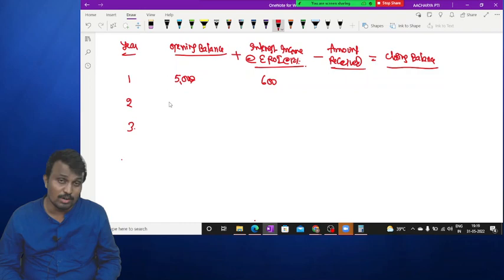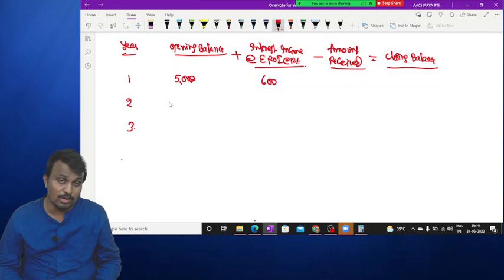Correct? Then what is the total amount we received? 6,837. Less the initial investment. Then tell me, what is the initial investment? 5,000. Then what is the difference amount? Correct? 1,837.